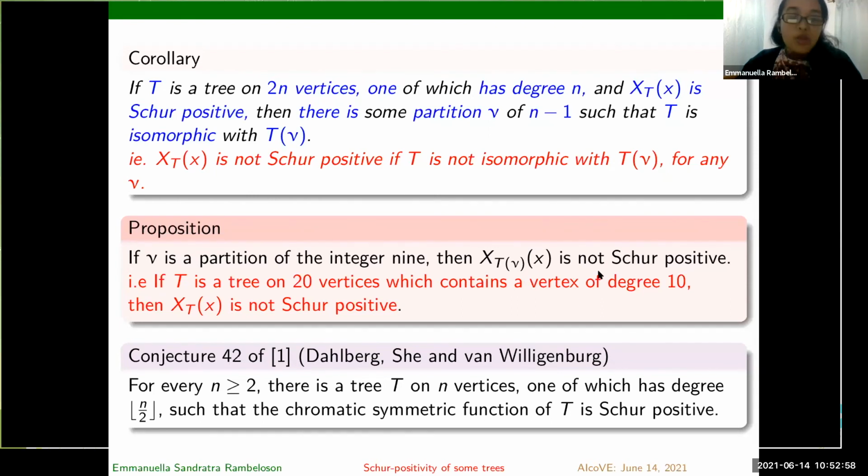This also means that if T is a tree on 20 vertices which contains a vertex of degree 10, then the chromatic symmetric function of T is not Schur-positive.